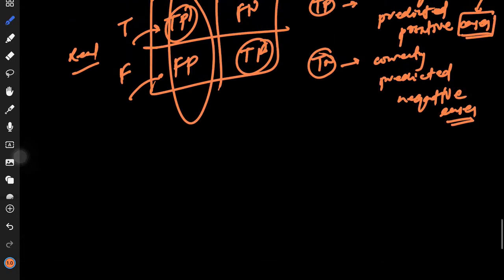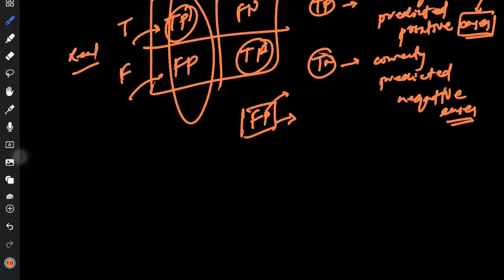Then here comes false positive. Here the model predicted positive, but in actual it is negative, so that's why it is false positive.